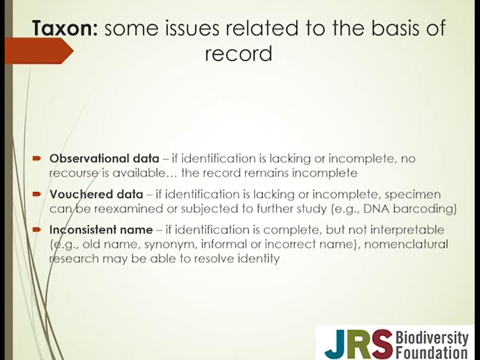You can also have the case of inconsistent names. If identification is complete but not interpretable, for instance, old names, synonyms, informal or incorrect names, that is local names, then nomenclatural research may be able to resolve identity in case of the existence of a specimen.